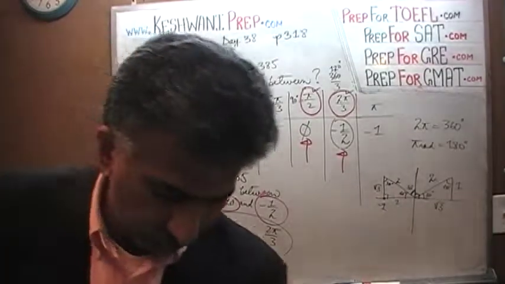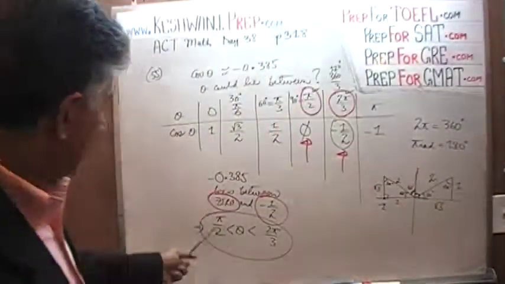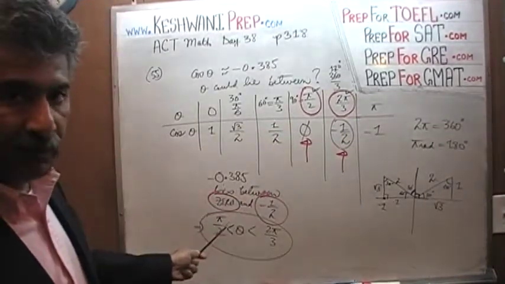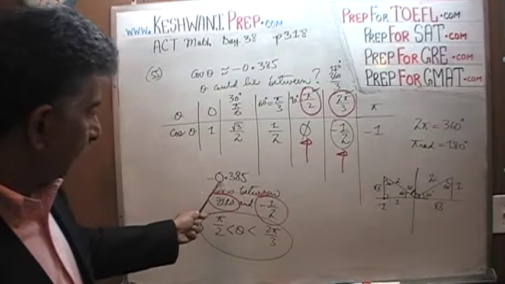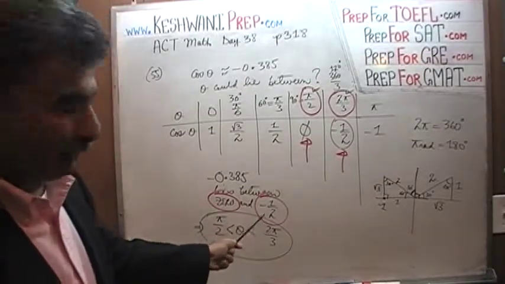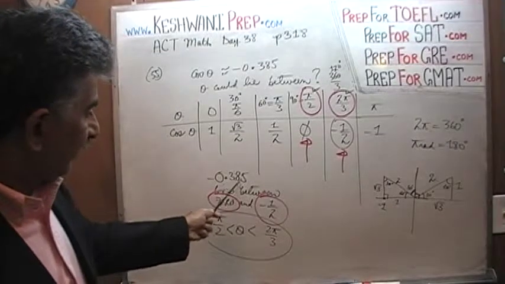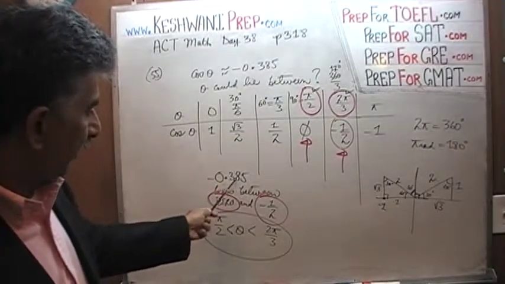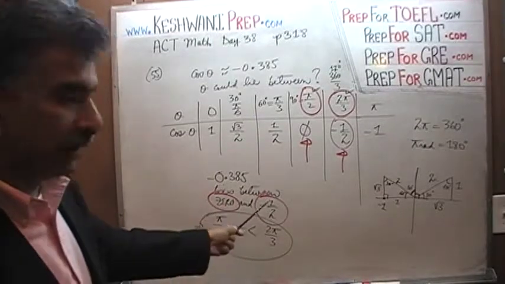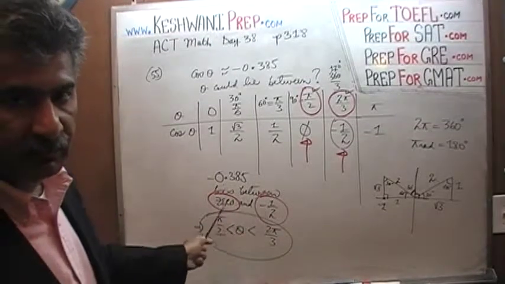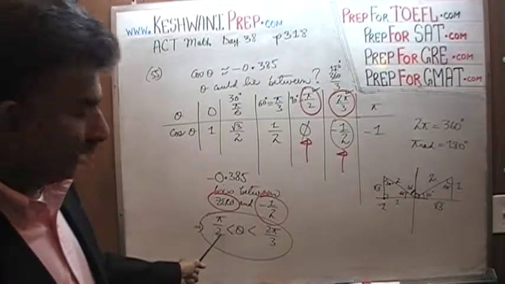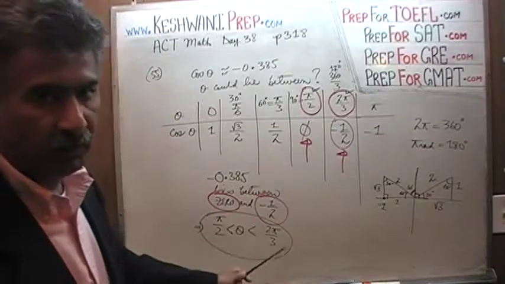Because when theta is pi over 2, the value of the cosine is 0, and when it is 2 pi over 3, it is negative half. And this value, negative 0.385, lies between 0 and negative 0.5. If it lies between 0 and negative 0.5, the given angle has to lie between pi over 2 and 2 pi over 3. That's all.